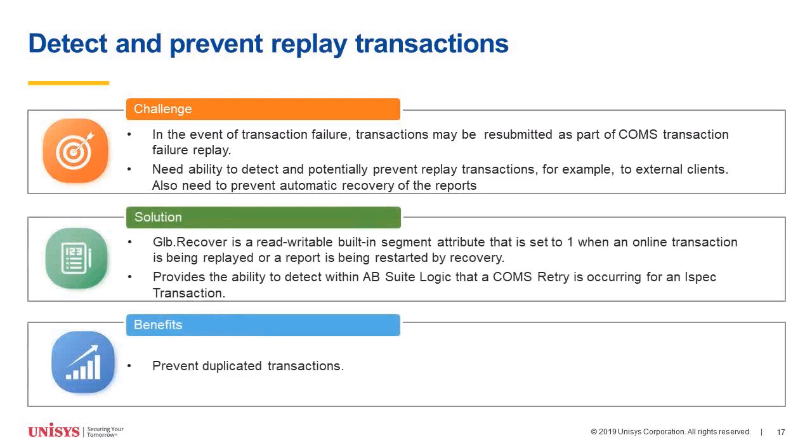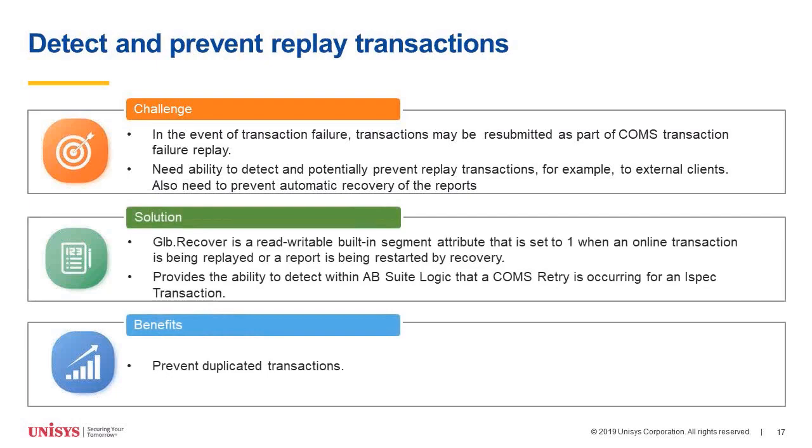Again, we have seen clients face a challenge, especially if there is a transaction failure. In the event of a transaction failure, in some cases, transactions may be resubmitted as part of the comms transaction failure replay. So clients need the ability to detect and potentially prevent replayed transactions, especially if it is interacting with external clients, which could be partners or third-party agencies.